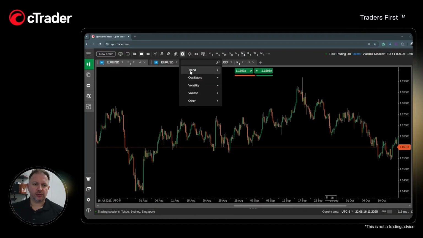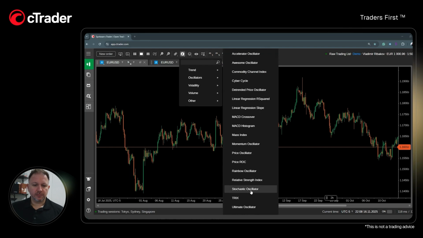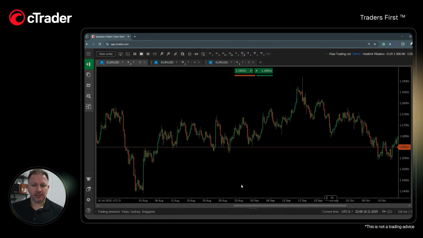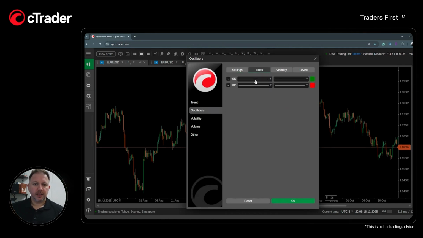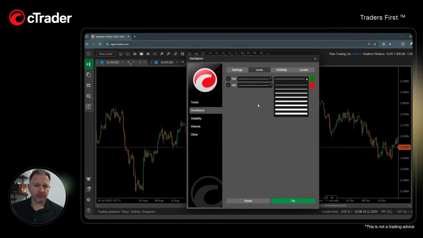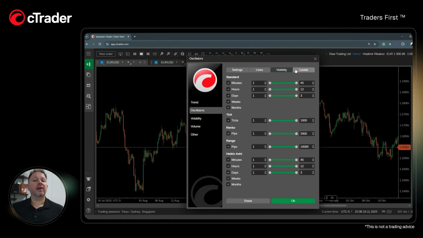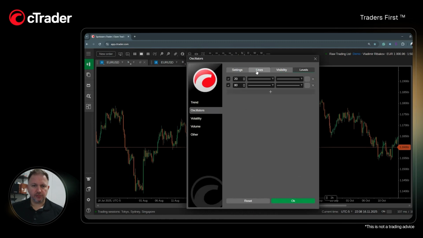Under the indicator sections, oscillators, on the very bottom you will find the Stochastic Oscillator. By default, it comes with the percentage K period of 5, K slowing 3, and percentage D 3. You can choose the color of the lines, style, thickness, everything you can predefine before you apply the indicator, visibility on what time frames and chart types it would be visible for you, and levels.